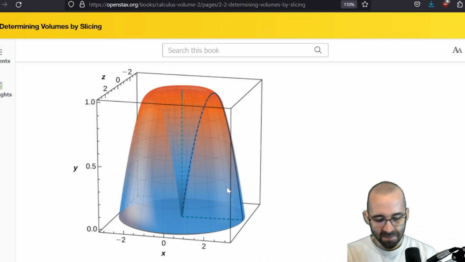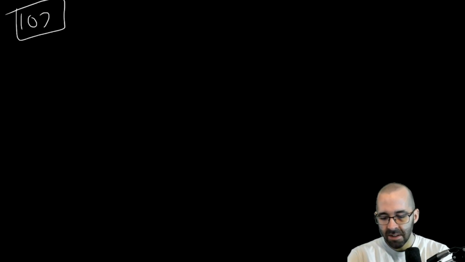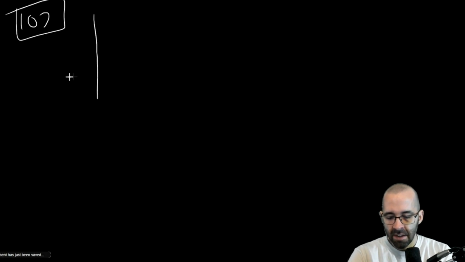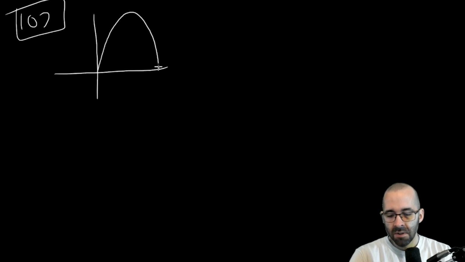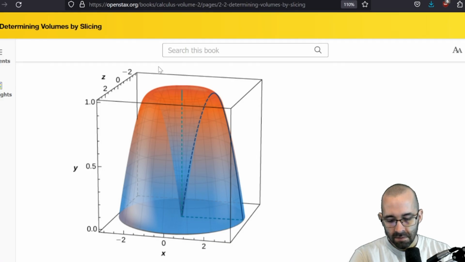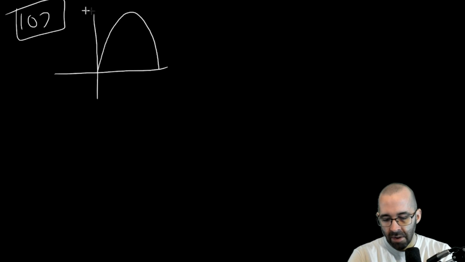So let's get a picture. Okay, we have one picture. Let's get a two-dimensional picture. I think the two-dimensional picture will be a little easier. So here's our cross-section, right? And we're rotating it around the y-axis. And this is our region.